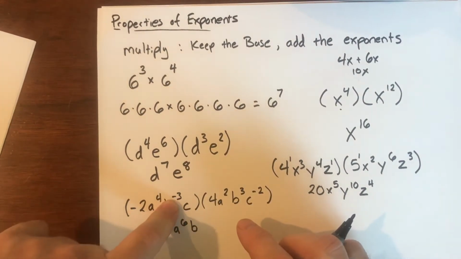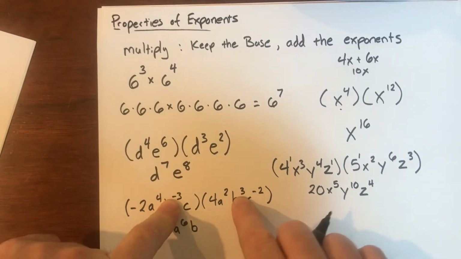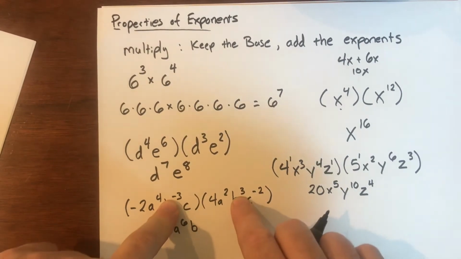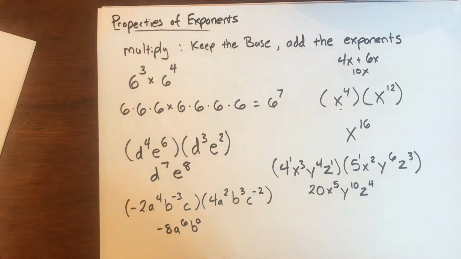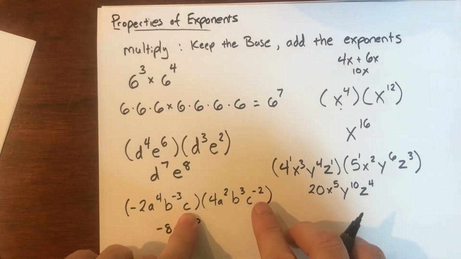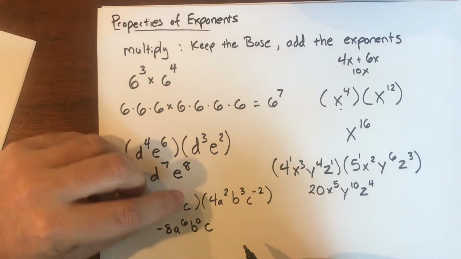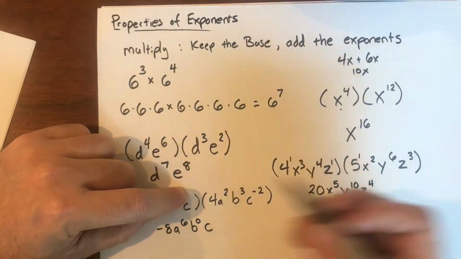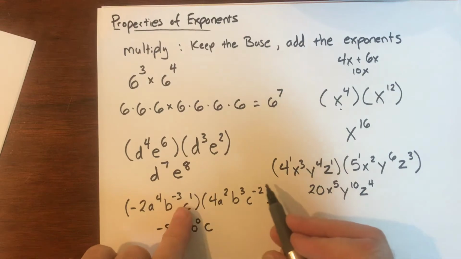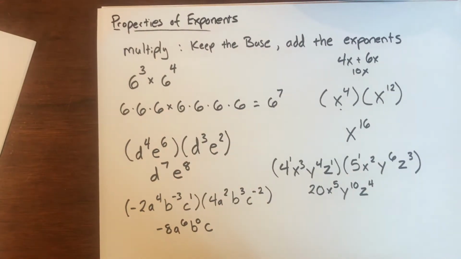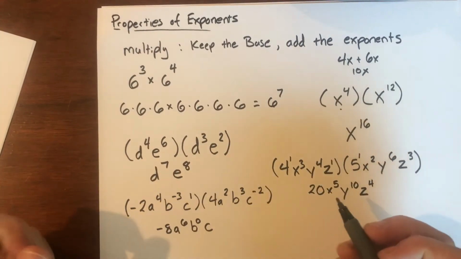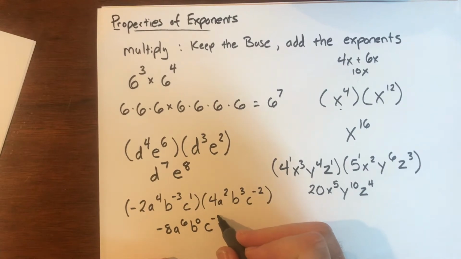I've got an exponent of -3 and +3. And 3 minus 3 is 0. And now c and c, keep that base. I have nothing here, so it's 1. Then I have -2. 1 minus 2 is -1.